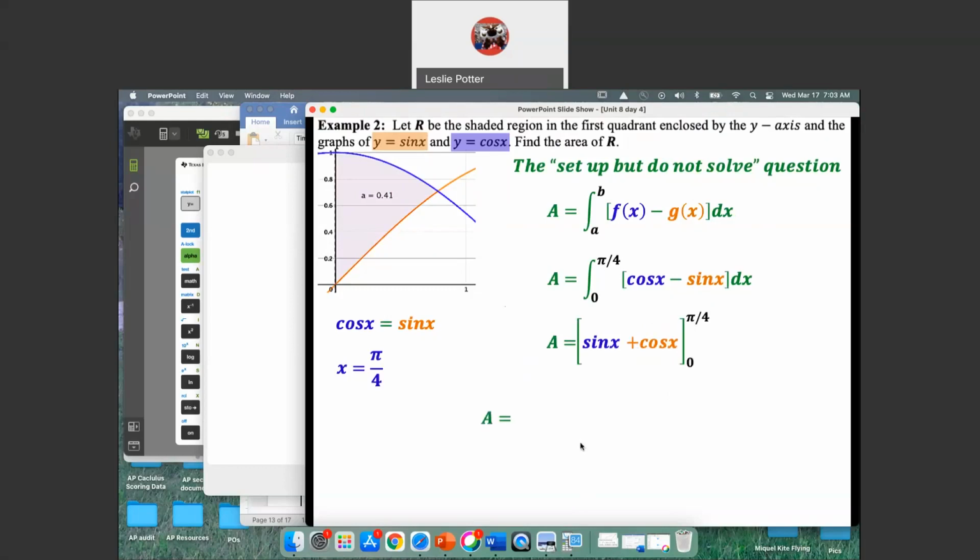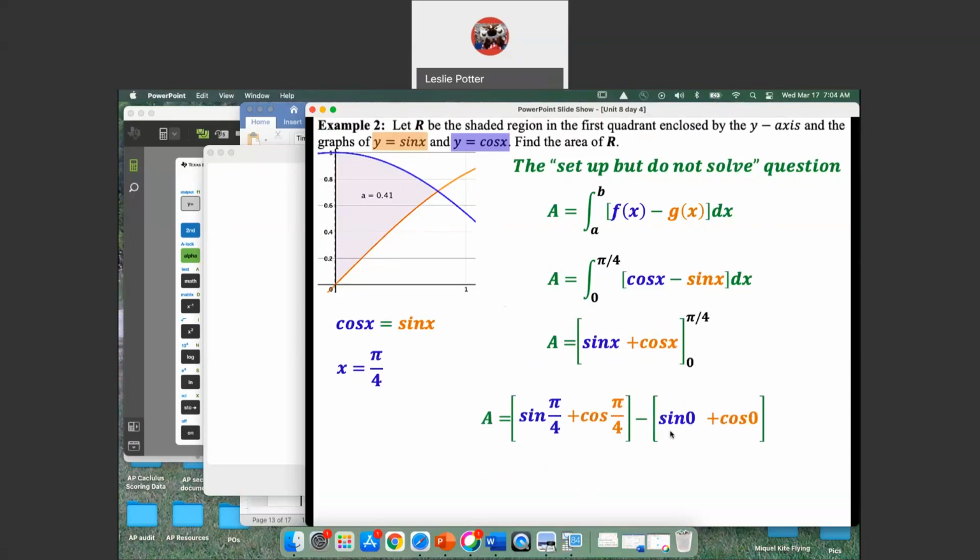Plugging in pi over 4 looks like that, and then we subtract and plug in 0. We have to be cognizant of the fact that this whole thing in the right brackets is not 0. This is 0, but this is 1.